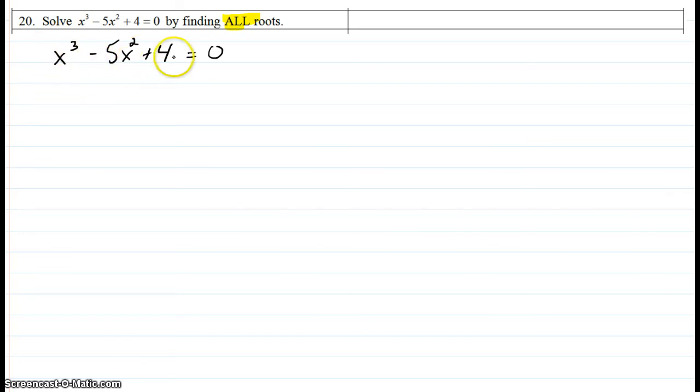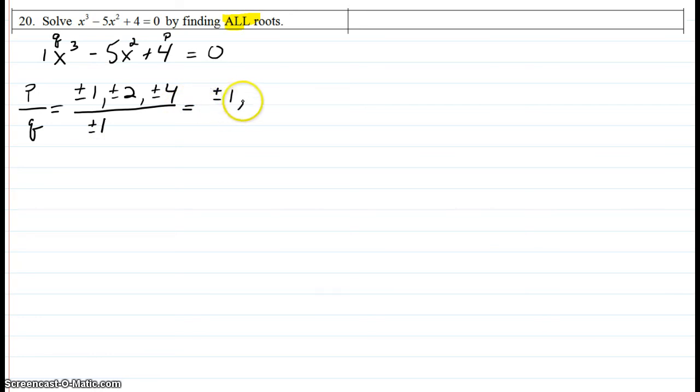Doesn't have a GCF, so the easiest thing to do next is to do our P and Q's. So this is our P, and this 1 in front will be our Q. So all the factors of 4 are plus or minus 1, plus or minus 2, plus or minus 4, all over plus or minus 1, and so that means my factors are plus or minus 1, plus or minus 2, and plus or minus 4.